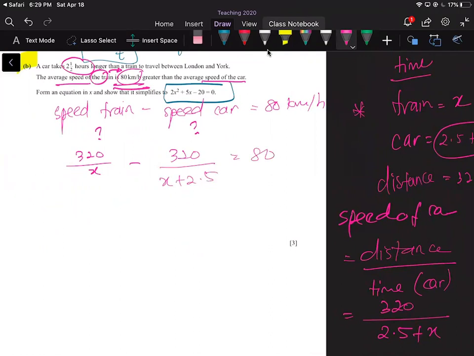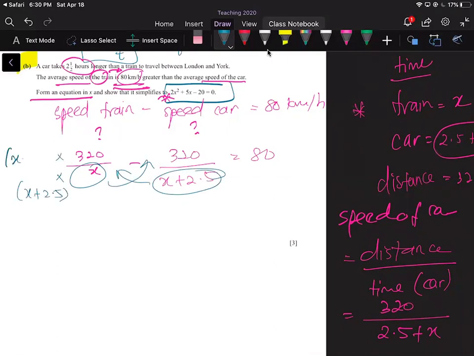Now I have formed an equation. Okay, that's what it wants. Form an equation in x and then simplify jadi macam ni. So what do I do? Well, what I keep on telling you, always hilangkan denominator. So you have to make the denominator the same. That means like this one kali kemarin and this one kali kemarin. So artinya sini dikali dengan x plus 2.5. Jangan lupa bagi bracket, penting.